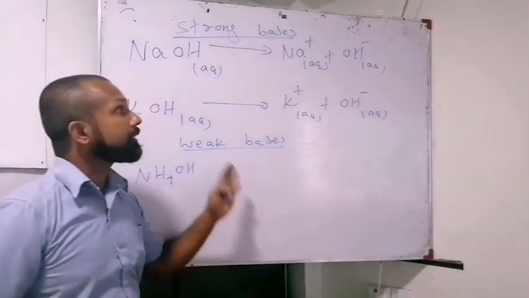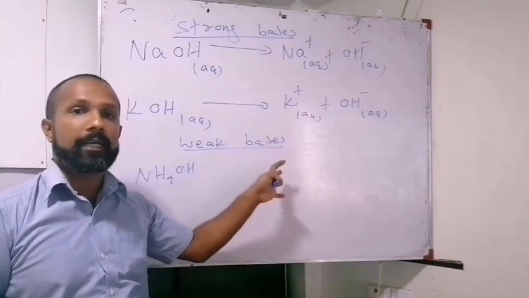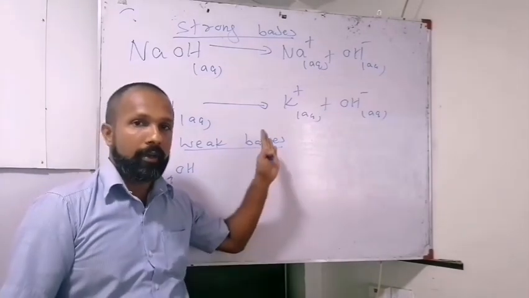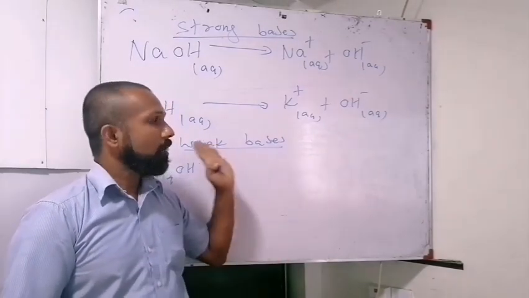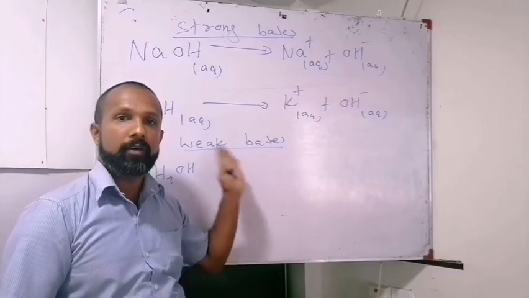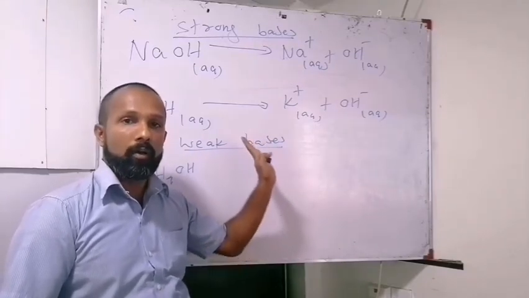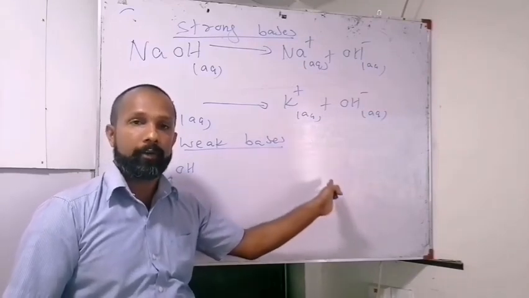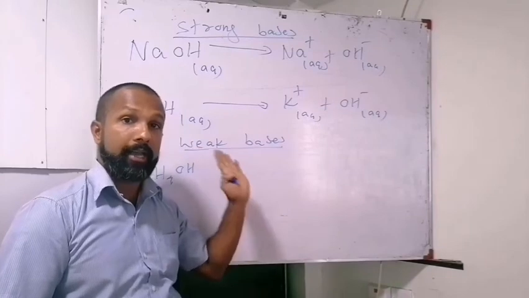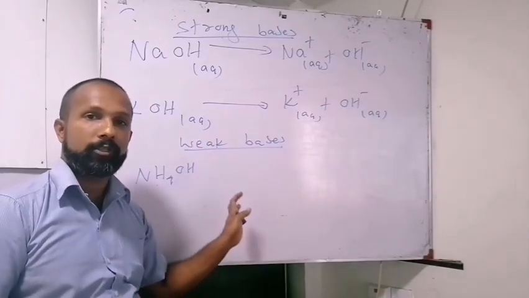This does not completely ionize or dissociate into ions. What happens really is that only a fraction of the base molecules ionizes into positive ions as well as the relevant negative hydroxyl ions. The unionized base molecules remain in the solution.